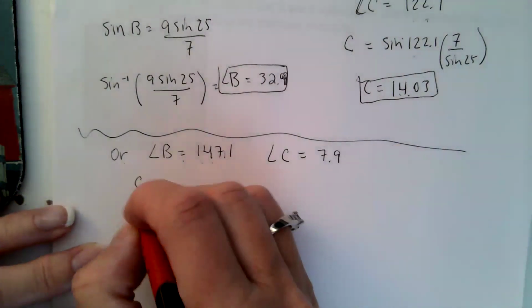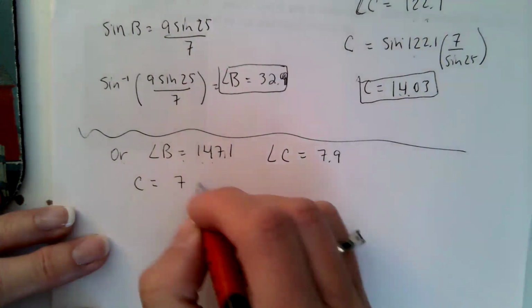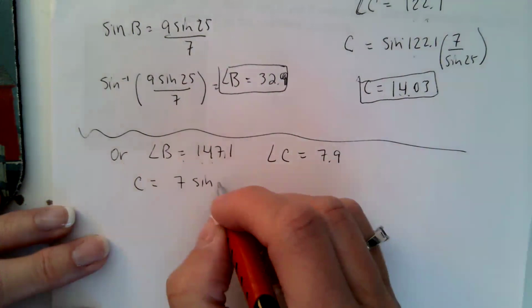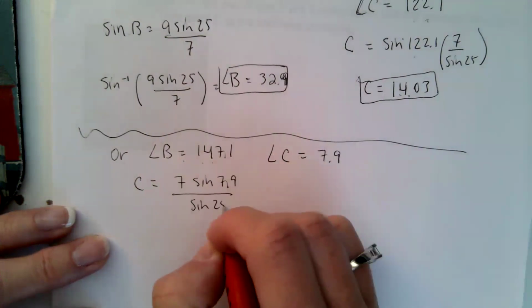So then in that case, side C will be 7 times the sine of 7.9 over the sine of 25.